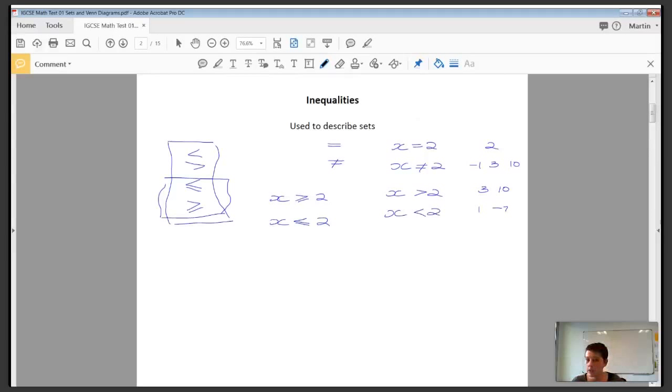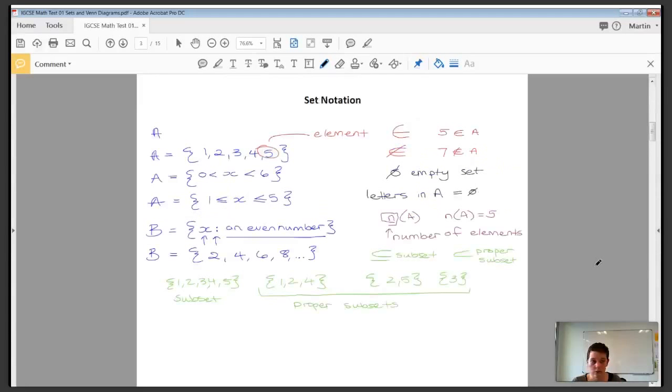We then talked about set notation. Again, if you want to understand what's in a set, you need to understand how they're describing the set. So the importance of your squiggly brackets, your element sign, your empty set or null set, your number of elements in, how that is just n and a bracket. And then your subsets. A subset with a line underneath can be a bit dodgy, whereas a proper subset is always less numbers.